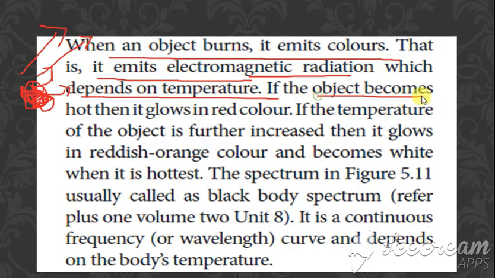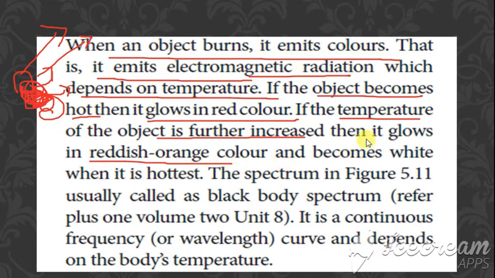First, if the object becomes hot, when this object becomes a little hot, what happens? It glows in the red color. If the temperature of the object is further increased, what happens? It glows in reddish orange color.